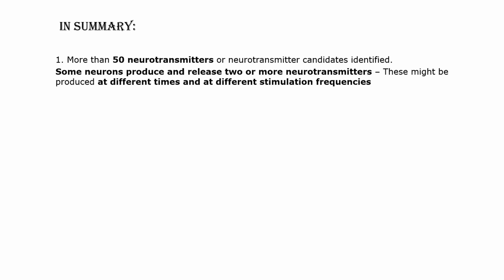Now, in summary, we have discussed the presence of more than 50 neurotransmitters or their candidates, and some neurons are capable of releasing 2 or more neurotransmitters, which are produced at different times depending upon the appropriate stimulation frequency.